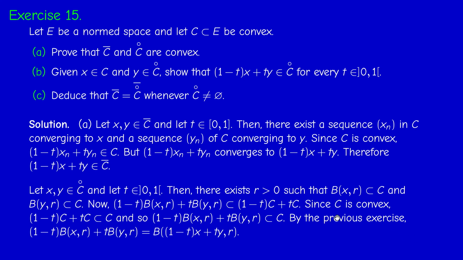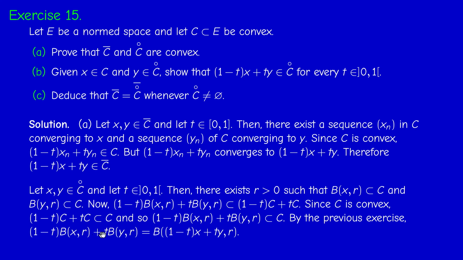And now, I used a previous exercise, 11, that tells me that this first set is the ball of center (1 minus t)x and radius (1 minus t)r, and tB(y, r) is the ball of center ty and radius tr, and the sum of these two balls is the ball with the sum of the centers and sum of the radii.